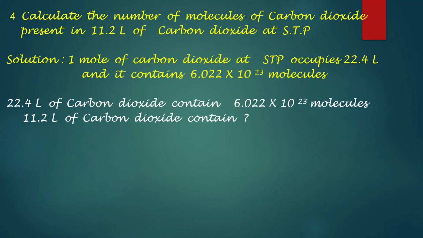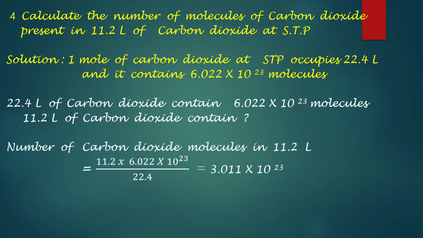Therefore, 11.2 liter of carbon dioxide contains how many molecules? So the number of carbon dioxide molecules in 11.2 liter equals 11.2 × 6.022 × 10^23 divided by 22.4. This is equal to 3.011 × 10^23.